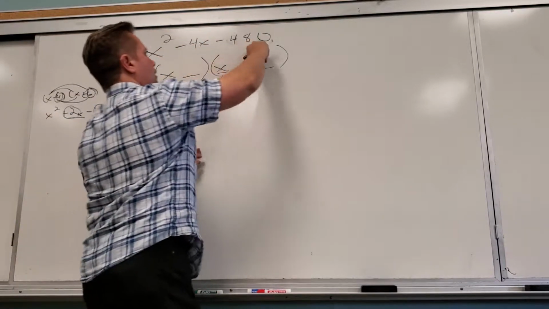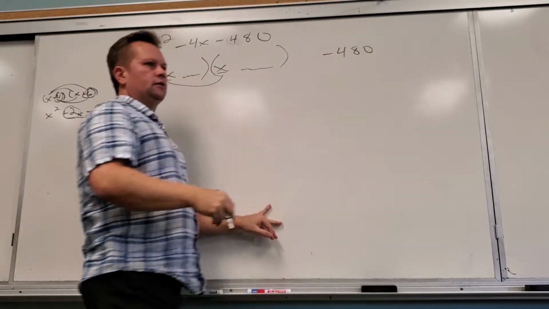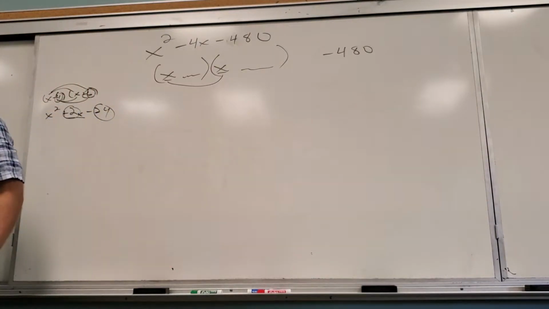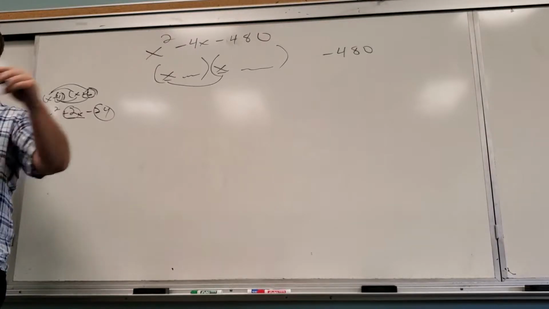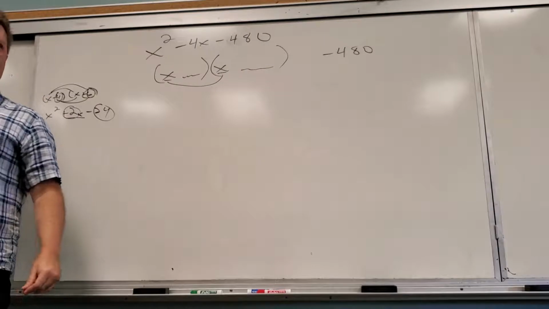We say, if I could find factors of negative 480, all right, what's kind of crappy about that number? It's huge, it's big. But more importantly, there are large numbers that have very few ways to factor them. 480, there's a ton of ways to factor that, right?